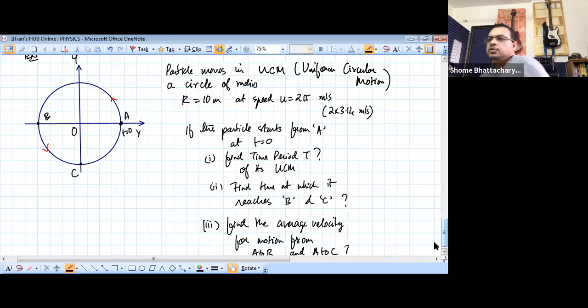I've written up about what is UCM. Tejas correct, Shashwat correct. Yes, Harsh, that is correct.